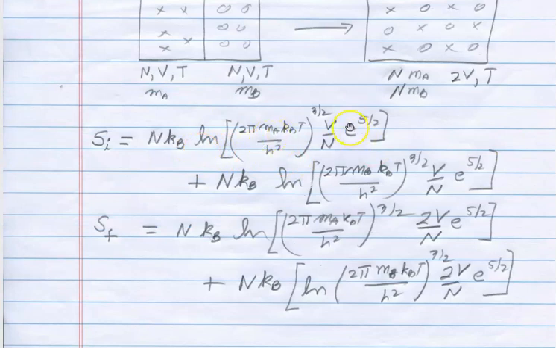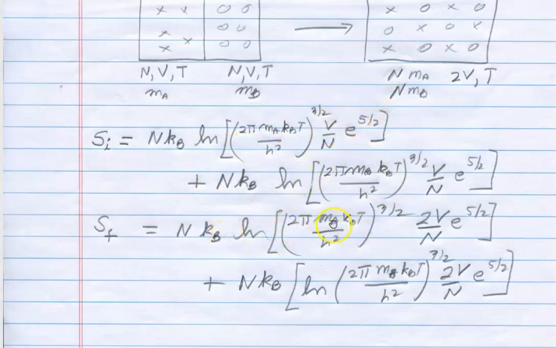For molecule A, the Sackur Tetrode equation gives us this. It's confined to volume V, and that's for a molecule with mass Ma. And for Mb, it likewise is enclosed in volume V, and N of them in the Sackur Tetrode equation gives this. So these terms are very similar, but I have one for Ma and one for Mb. And then the final is not much different.